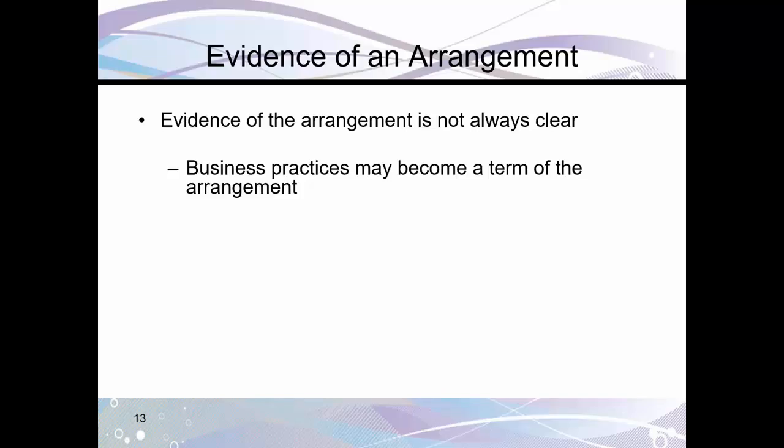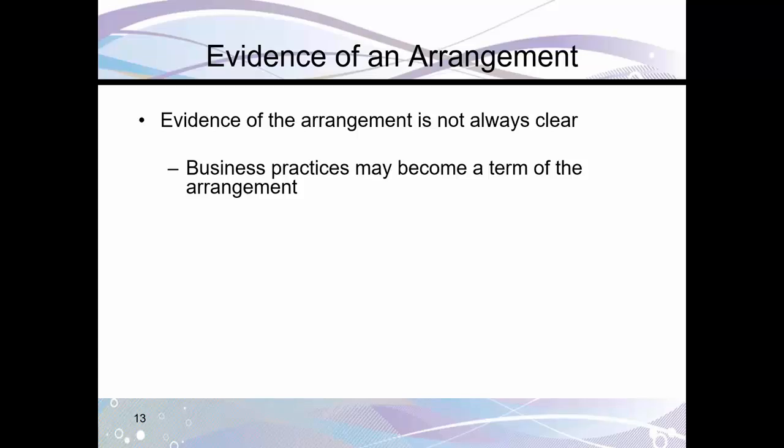If a business has statements or policies or practices that are enumerated on their website, those might become elements of the arrangement, part of the evidence of the arrangement, even if they're not in the written contract that was signed.